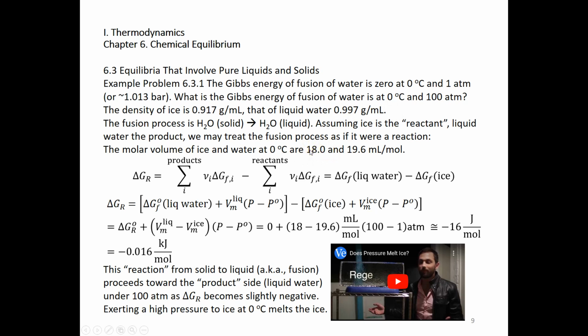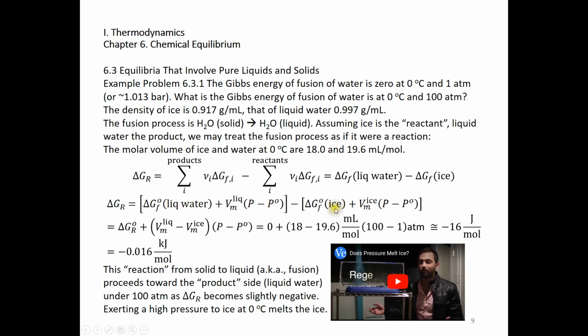Alright, let's look at the Gibbs energy of this reaction. It should be the Gibbs energy of formation of the products minus the Gibbs energy of formation of the reactants. So really it's just liquid water minus ice. This time, since we are using a different pressure, 100 atm, we're going to take that into account. For liquid water, it's the standard Gibbs energy of formation plus some correction, using molar volume times the pressure difference.